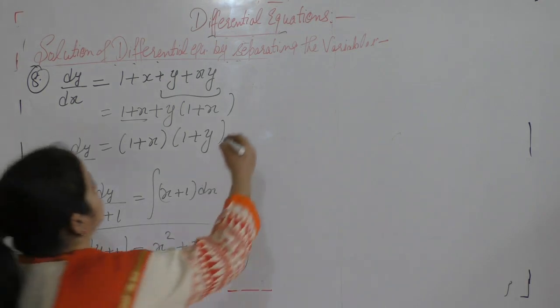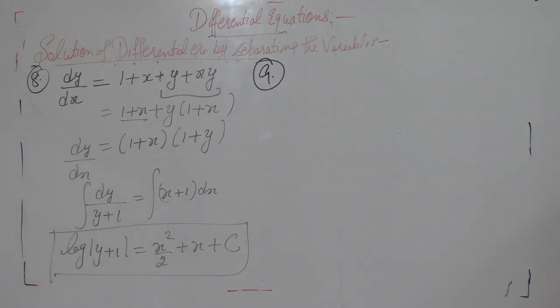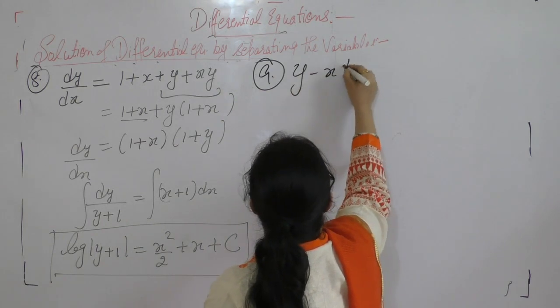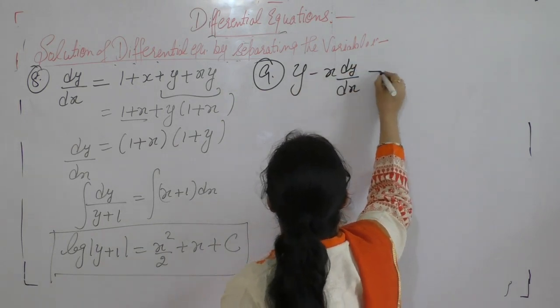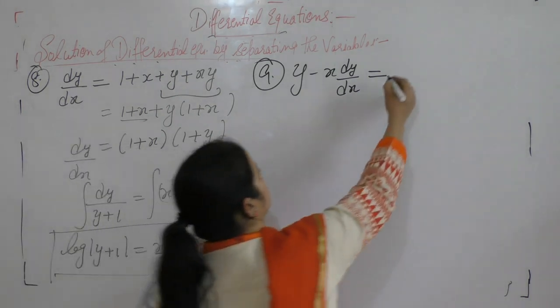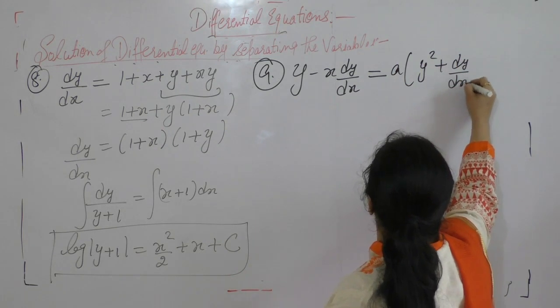Next is solve the differential equation y minus x dy upon dx is equal to a into (y square plus dy upon dx).